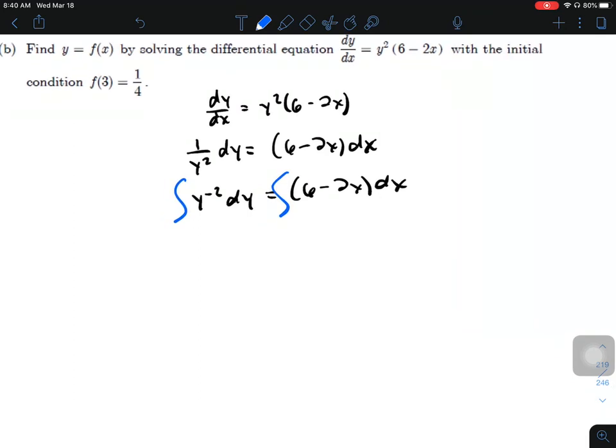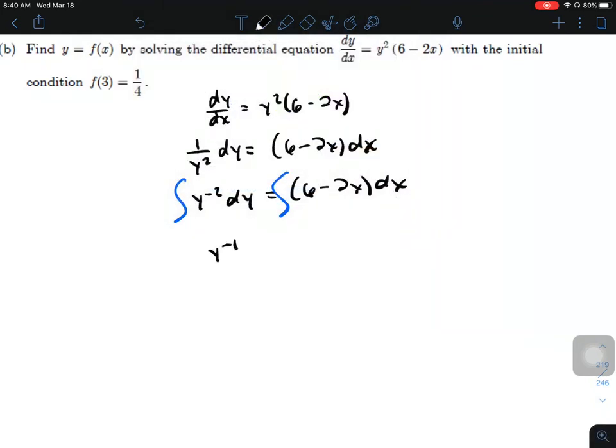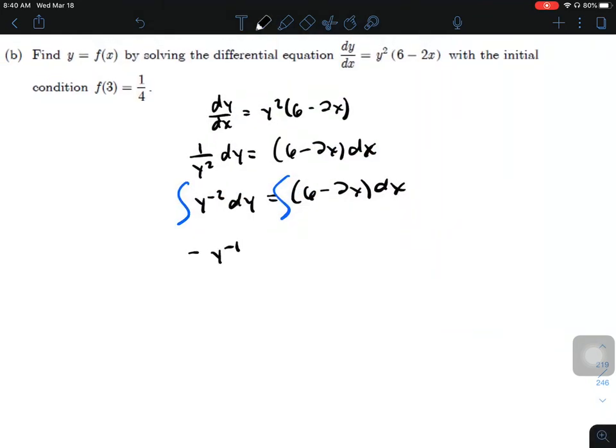On the left, if I add 1 to the exponent, it would be y to the negative 1 multiplied by the reciprocal, that's negative 1. On the right, 6, its antiderivative is 6x, and then a minus 2x is going to be a minus x squared, and then add in our arbitrary constant.